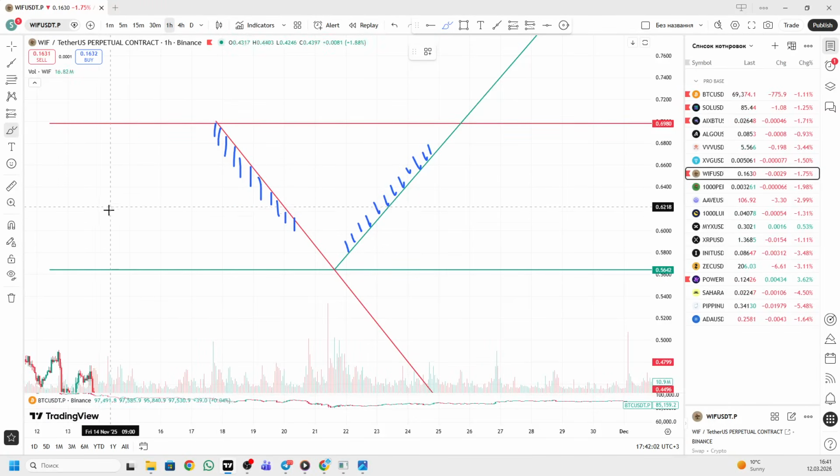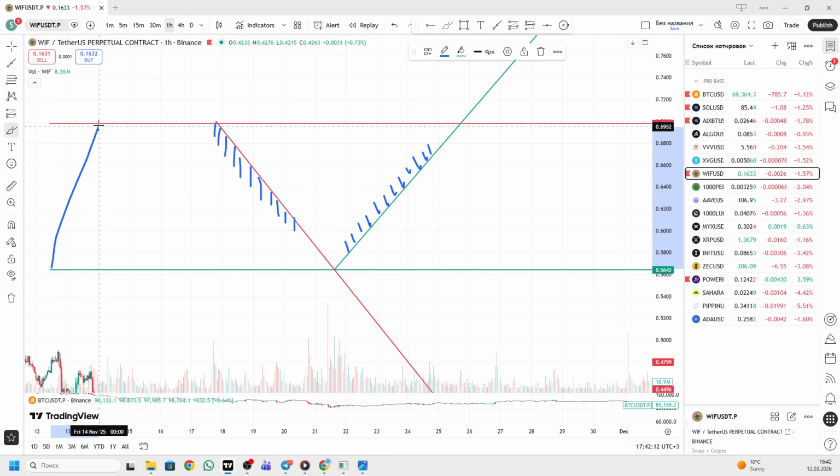And the more times the asset approaches a level, the stronger that level becomes. You already know about this. So we go up here, it approaches up level, then it goes down, then again goes up, so that looks strong.